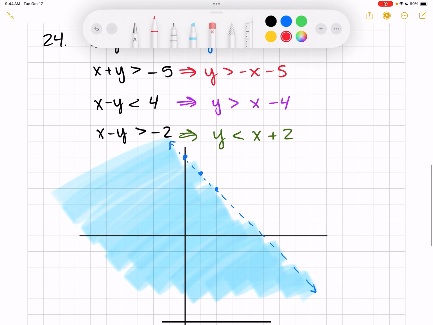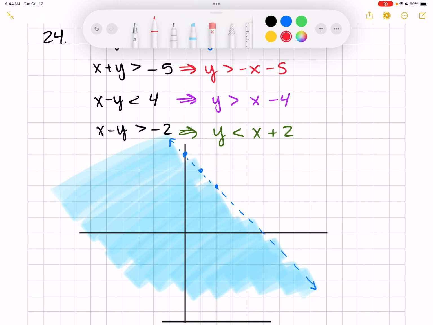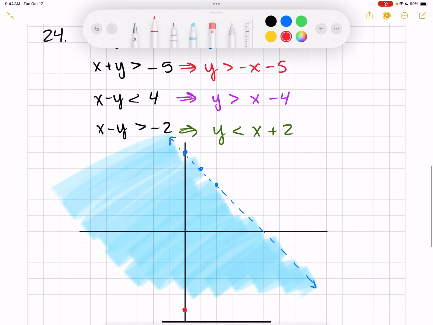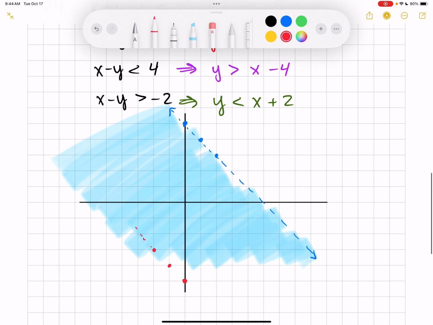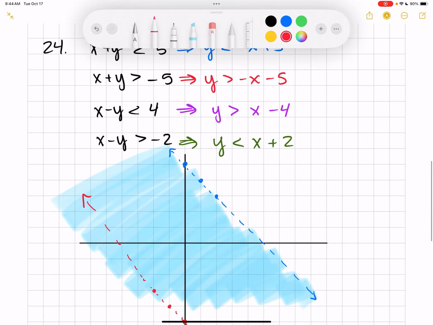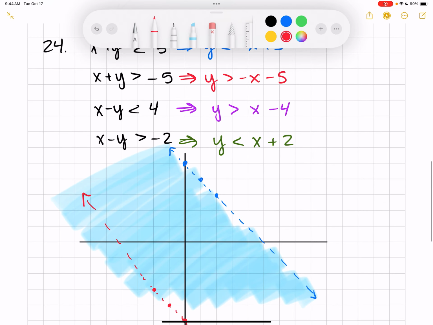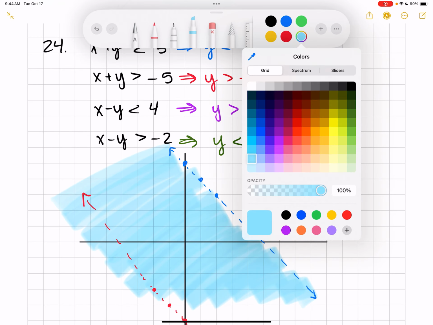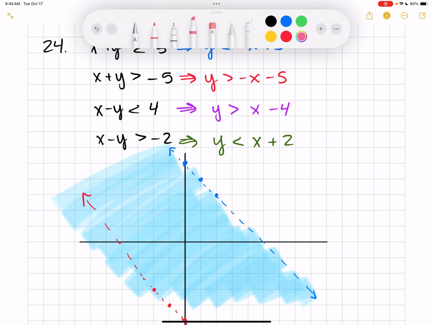The next one, intercept at negative 5. It's got a negative slope, but I'm going to go up and back because it's easier. Is this one shaded above or below? Above. Y is greater than, so it's above.